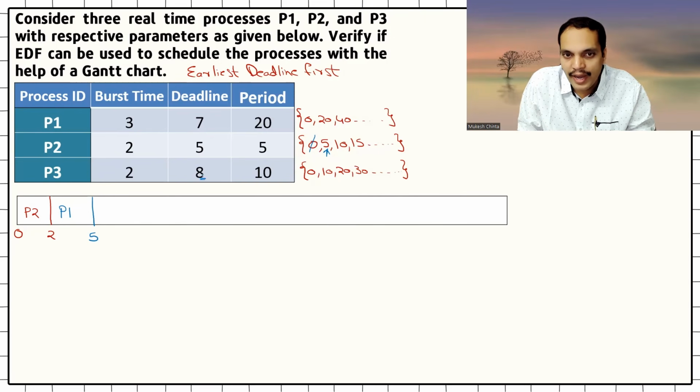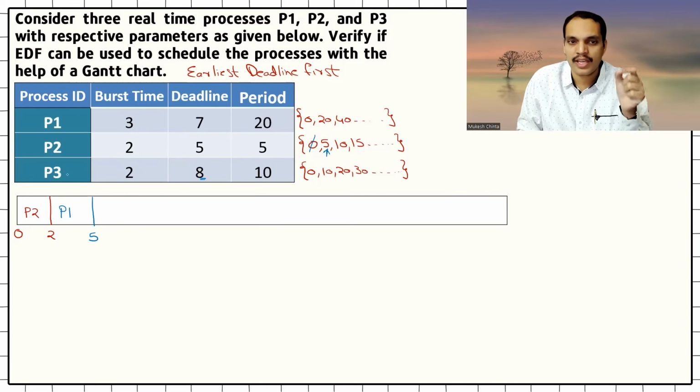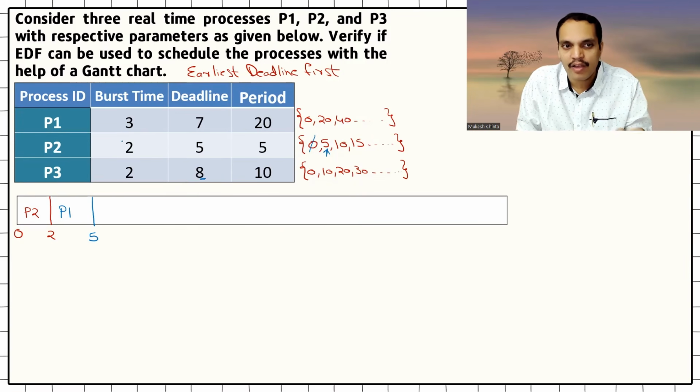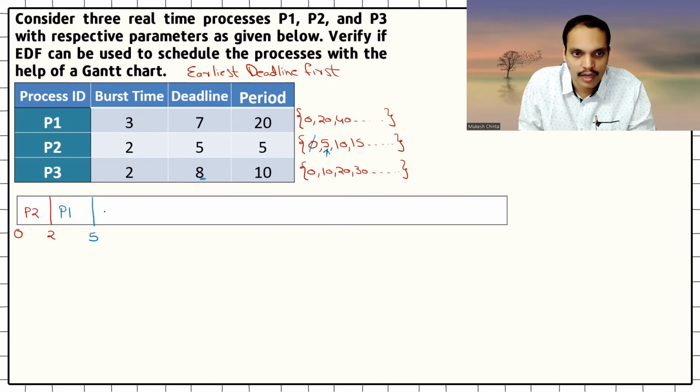So when you compare 8 and 10, you should give the priority to P3. P3 becomes the higher priority process simply because its deadline of 8 is earlier than the deadline of 10 for the second instance of P2. That is the reason I assign the CPU to P3.